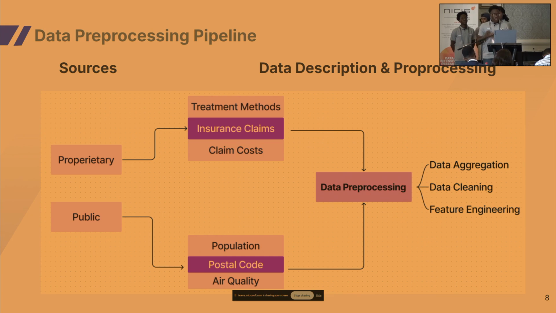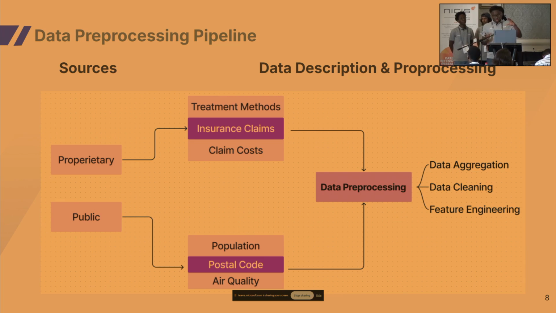The postal code is also related to the location of where the patient may be in, and the air quality of the location that person is in. So for example, in the Western Cape, they might have bad air quality. That can be an indicator of influenza.